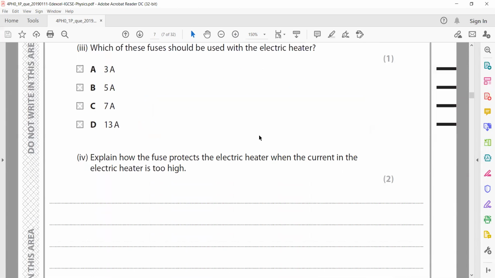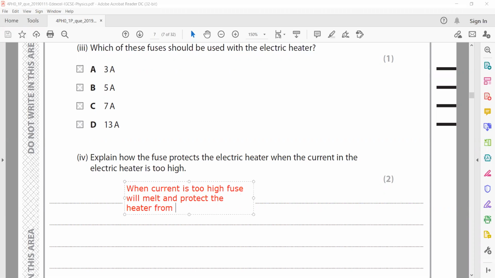When the current is too high, the fuse will blow or melt, and protect the heater from overheating.